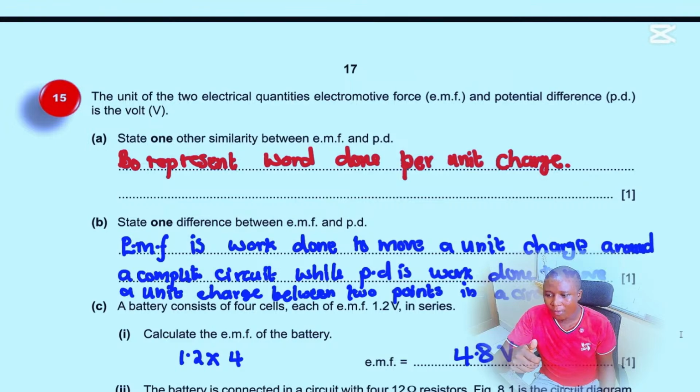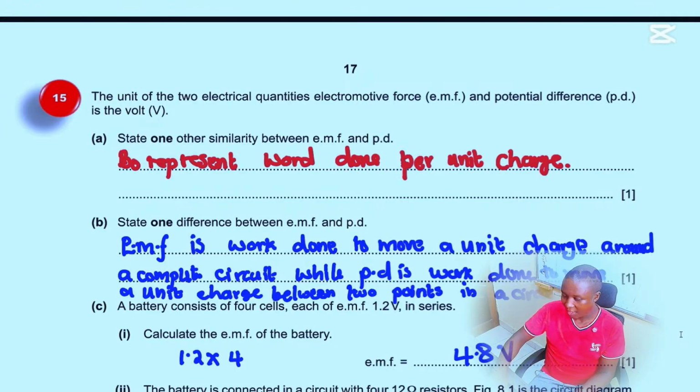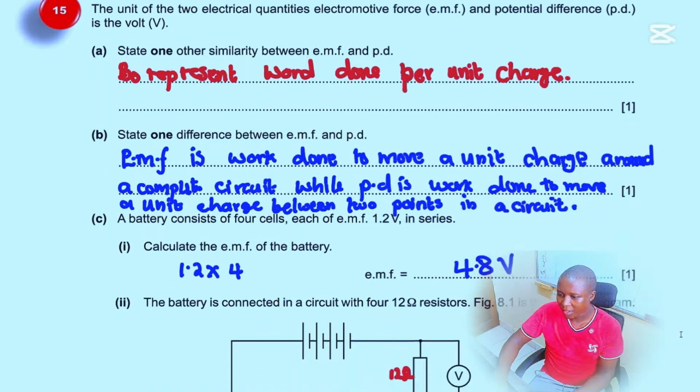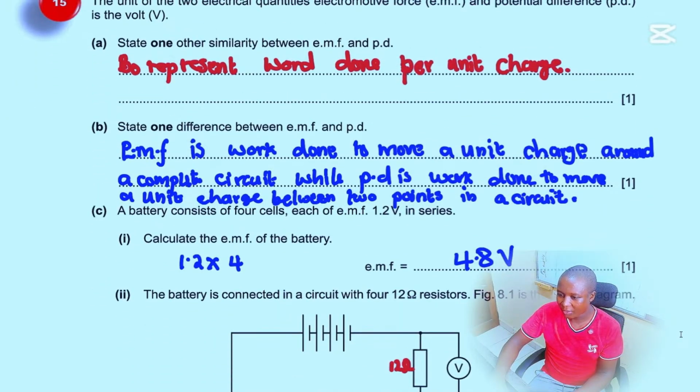We can define EMF as the amount of work done to move a unit charge around a complete circuit. But the PD is the amount of work done or energy transferred to move a unit charge between 2 points in a circuit. So you are going to give your definition as that.